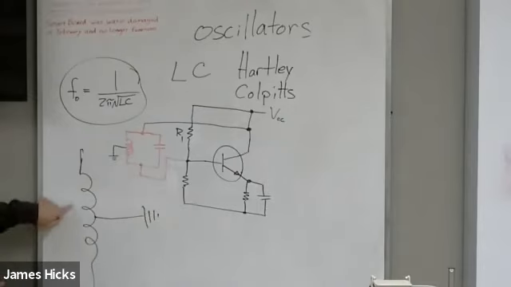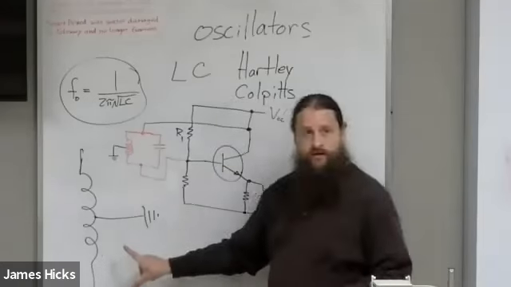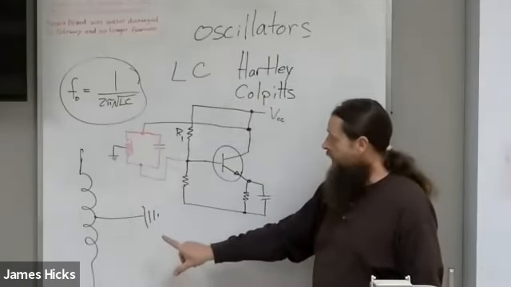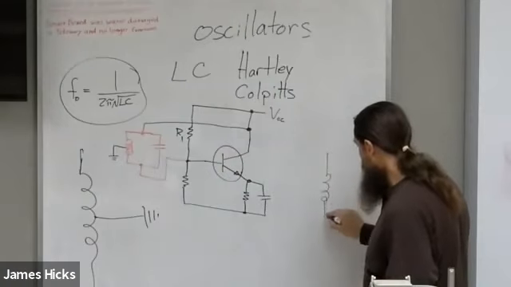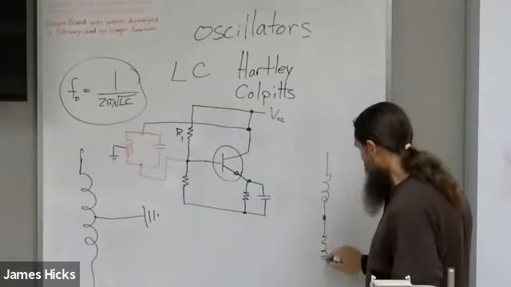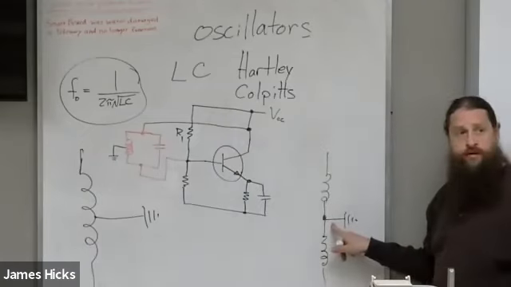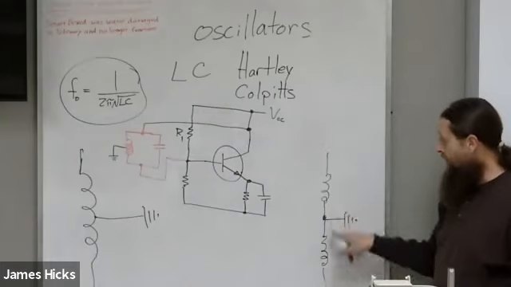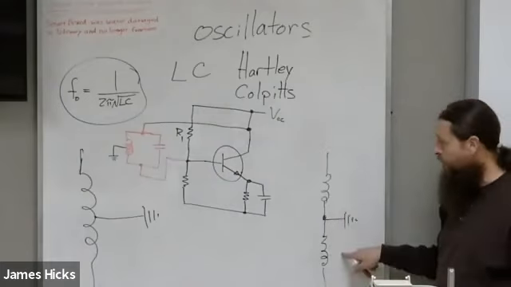What I effectively make here is one inductor in series with a second inductor, and I'm taking output at the middle. That's a voltage divider. It's a voltage divider built up of two inductors.